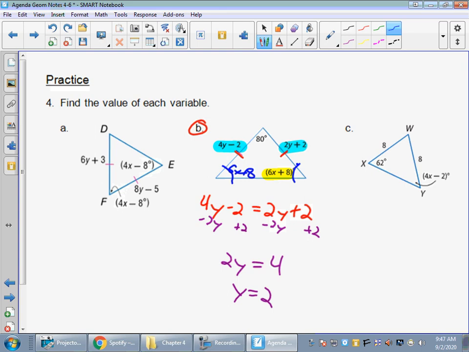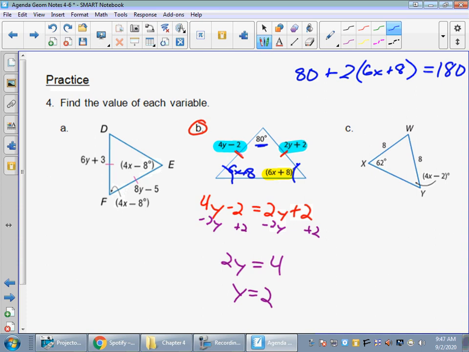So then I also know that all three angles have to add to 180. So I'm going to do a little bit of work up here: this 80 degrees plus the two angles that are 6x plus 8. And there's two of them, so I'm going to write it as 2 times 6x plus 8, because all three of those angles together would have to equal 180 degrees, right?